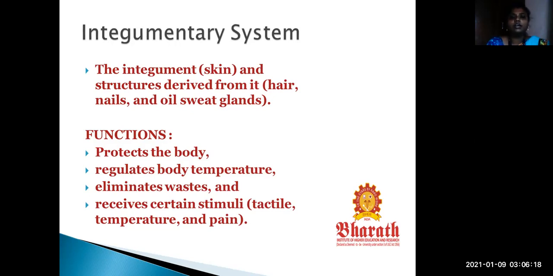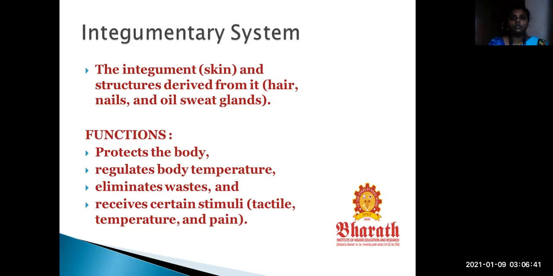And the skin receives certain stimuli. If someone touches us, or we feel anything different happening in our body, we are able to sense it, right? The skin does that. So these are all the functions of the integumentary system.